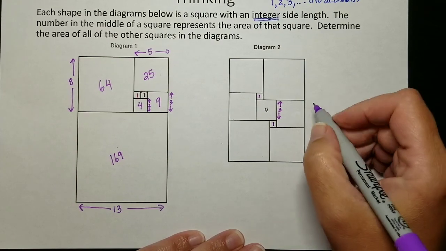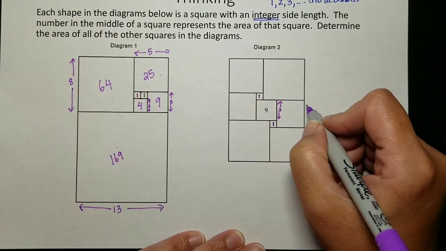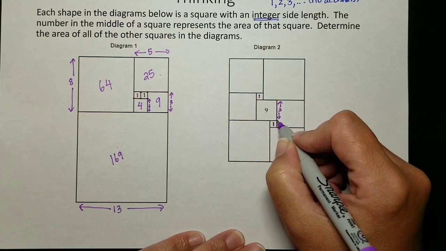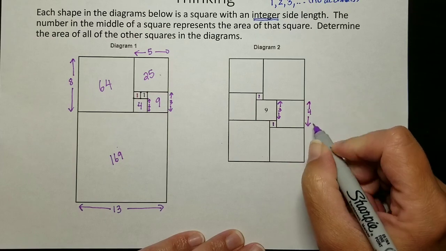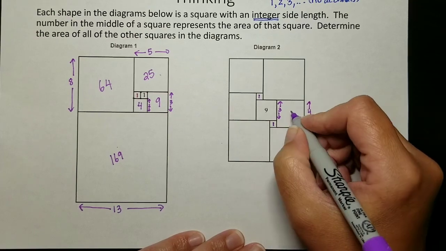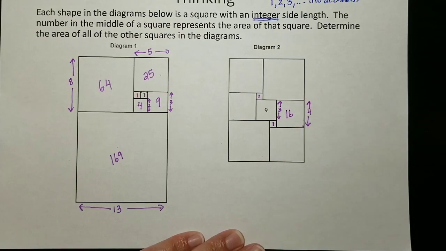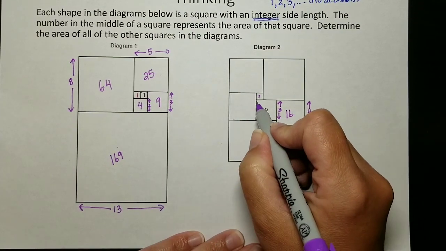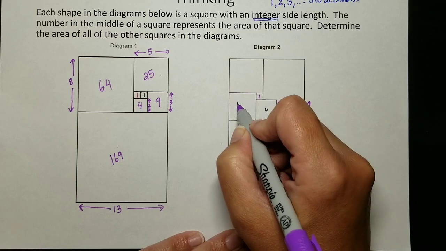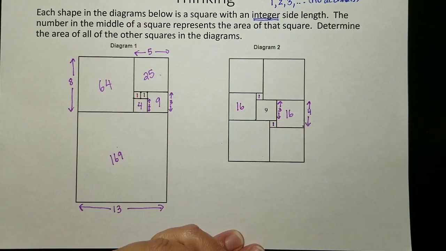The next biggest square going out would be this one. So we know that's 3 and that's 1. So this would have a length of 4. So we're going to get 4 times 4 for the area of that square, which is 16. And similar reasoning here. We've got 3 and 1 is 4. That's going to be 16 as well.